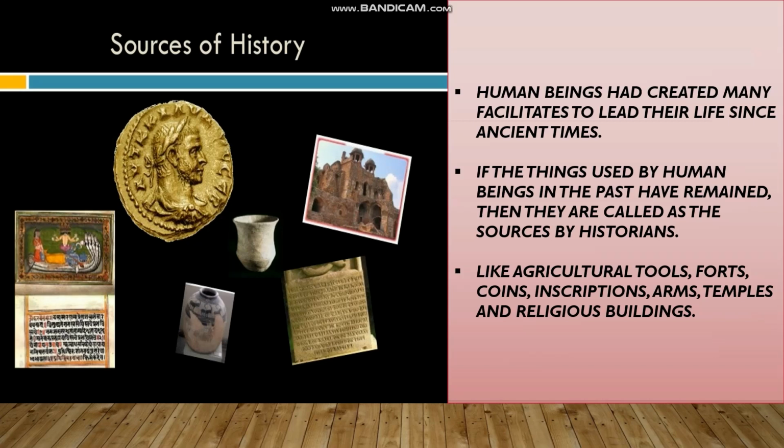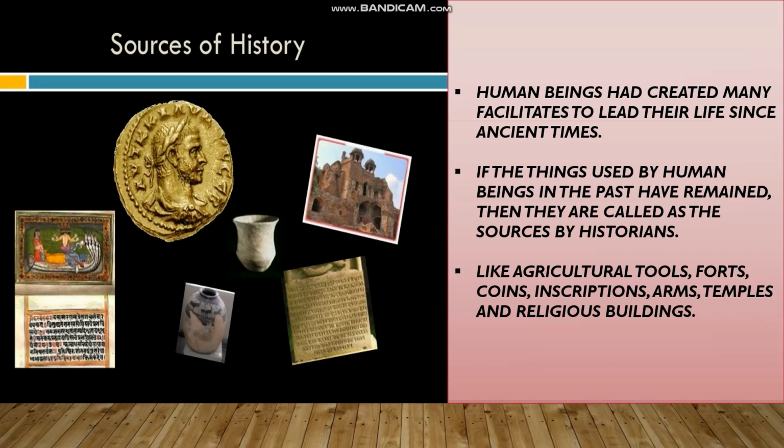Now let's see the sources of history. What is a source? Human beings have created many facilities to lead their life since ancient times. If the things used by human beings in the past have remained, then they are called sources by historians.